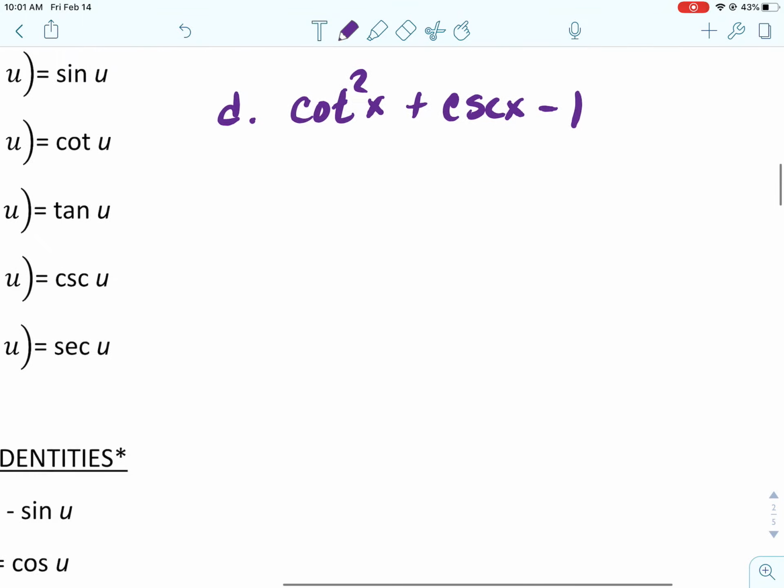Now everything else in the problem, you just go ahead and bring down. All right, and so from here, I'm just going to combine my like terms.